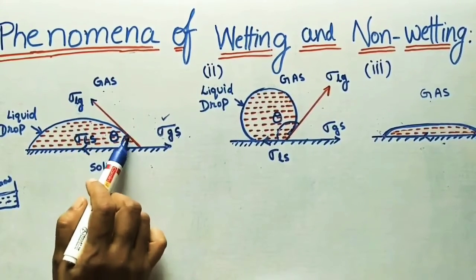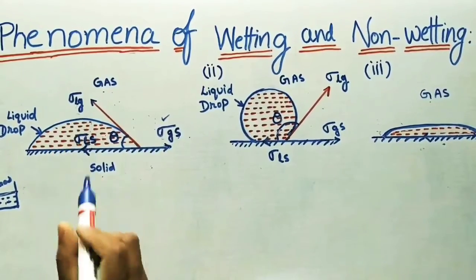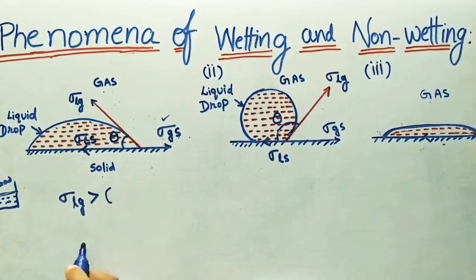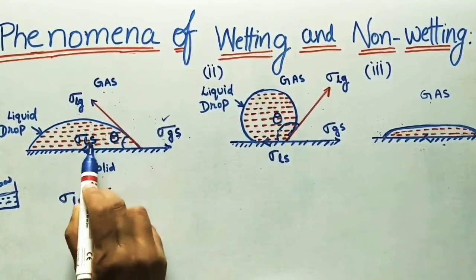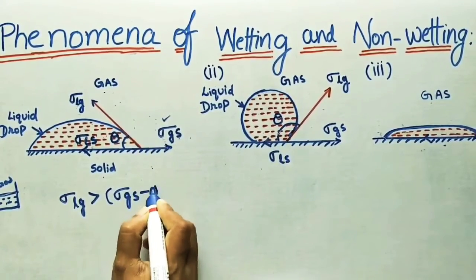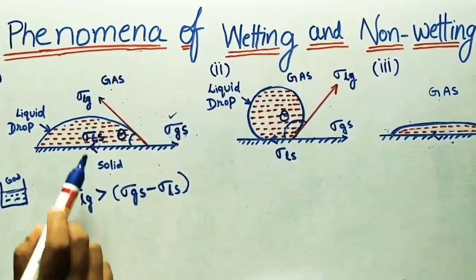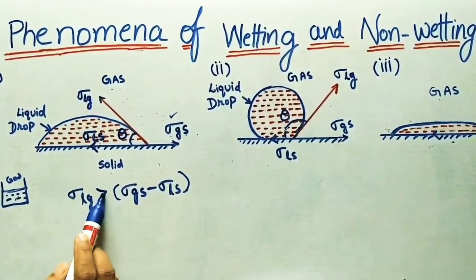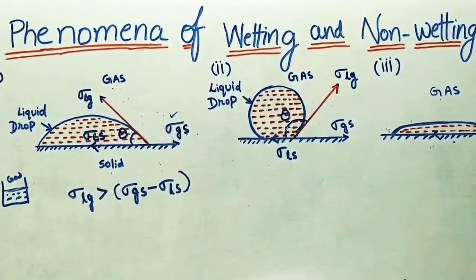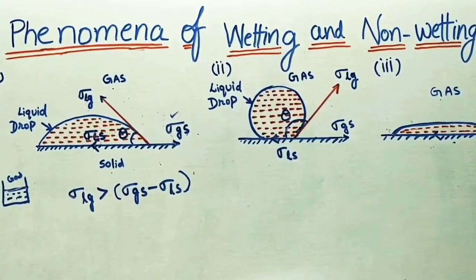This value means the surface tension between liquid and gas, sigma Lg, should be more compared to the difference between these two surface tensions, sigma Gs minus sigma Ls. Here sigma Lg should be greater than sigma Gs minus sigma Ls. At that condition this liquid droplet is in equilibrium.